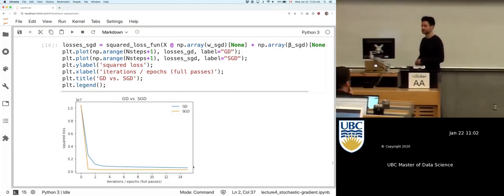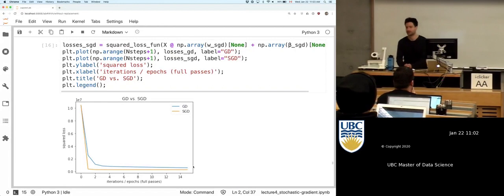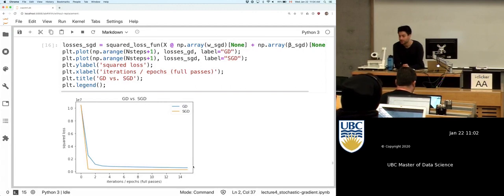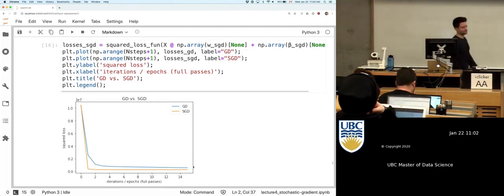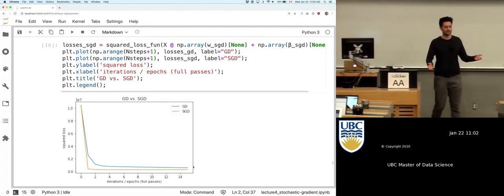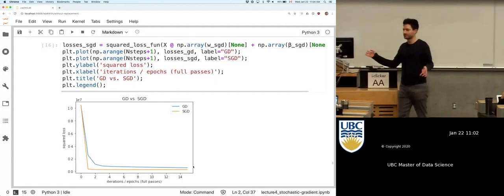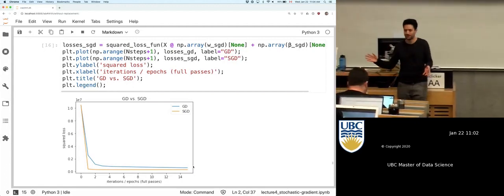Yes, Furkan. Is there any rule of thumb about the batch size compared to your data? Yeah, so how do you pick the batch size? I would say it's another hyperparameter. You could throw it into your hyperparameter optimization.